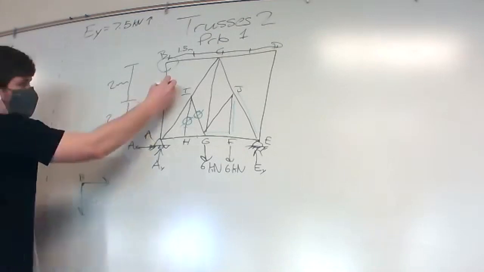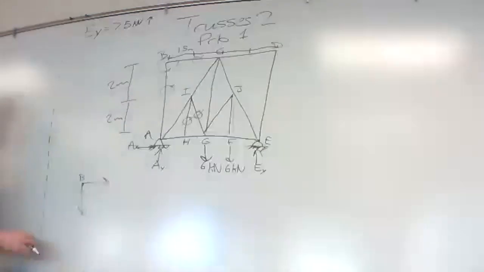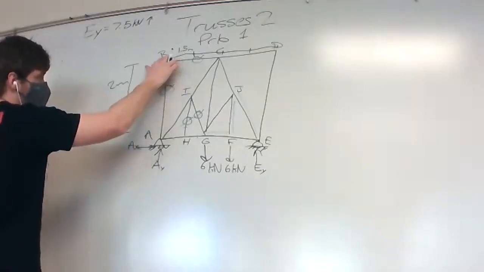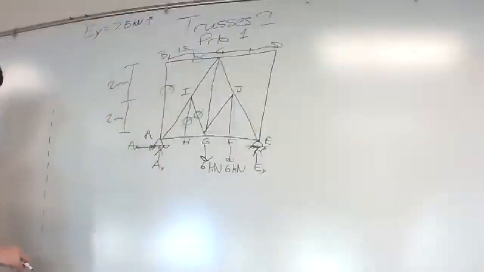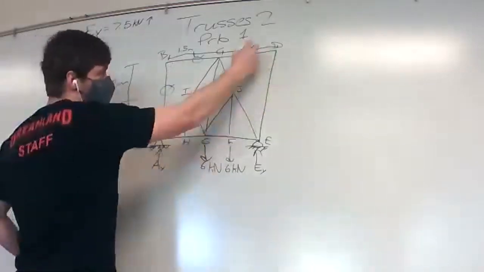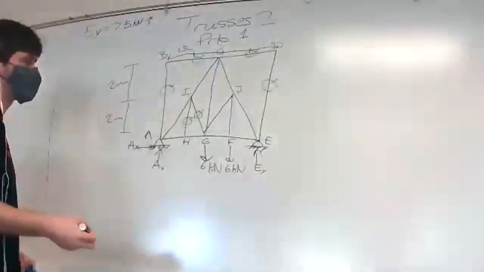So we can immediately say, if you were to write out the sum of the forces in the Y direction, you would only have one force. On the other side, we can see the same thing happening at D. So we can automatically know those are both 0.